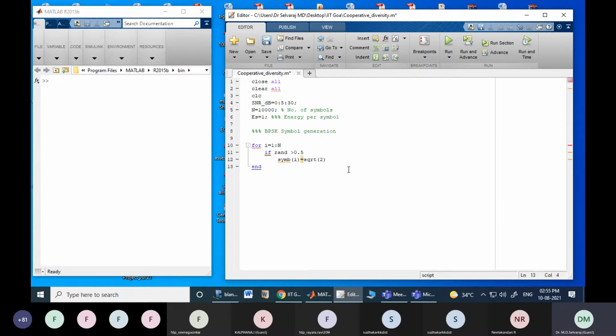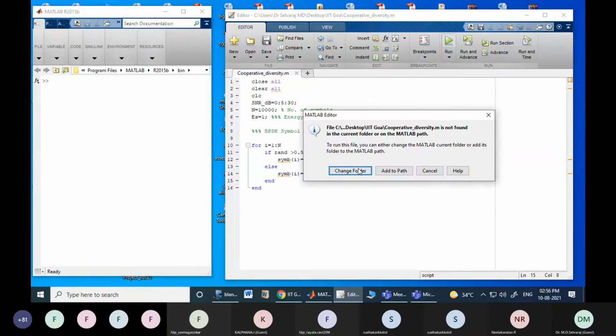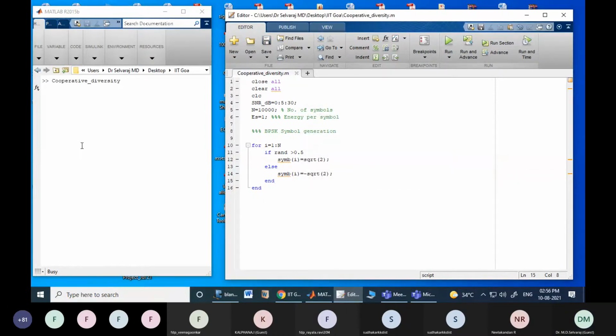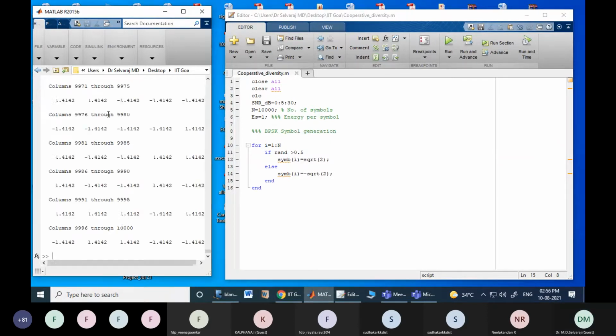Else, this is going to be minus square root of Es. So I'm going to randomly generate plus and minus square root of Es. Yes, so we got plus and minus square root of Es randomly.